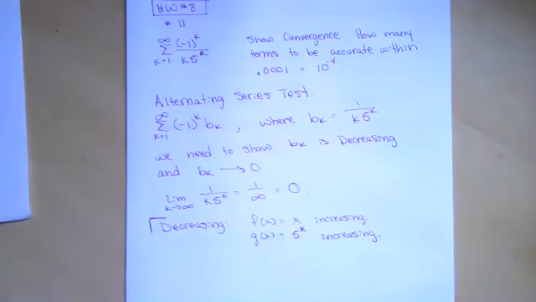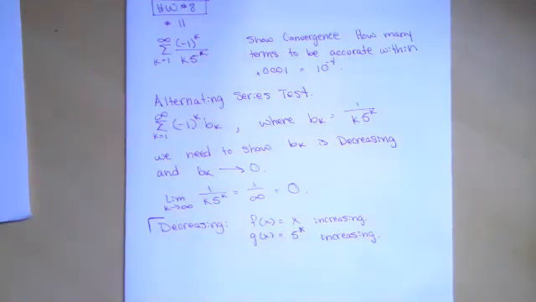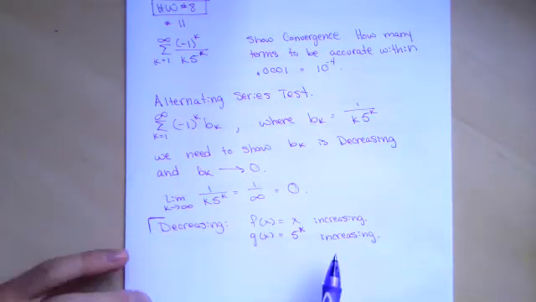You could, again, take a derivative of that, or you could just recognize it is an exponential function and the base of the exponential is bigger than 1, so it's an increasing function. These are properties we've known from pre-calc.